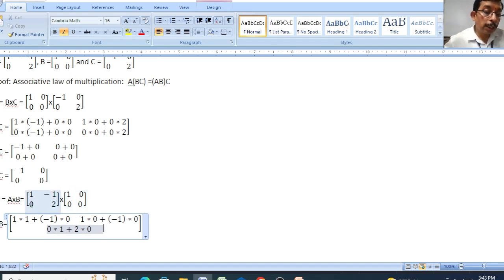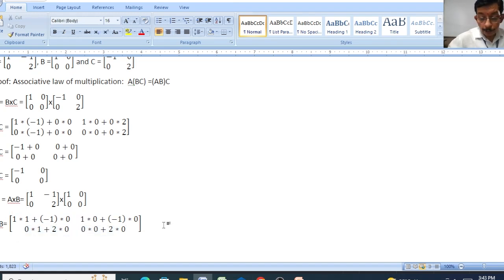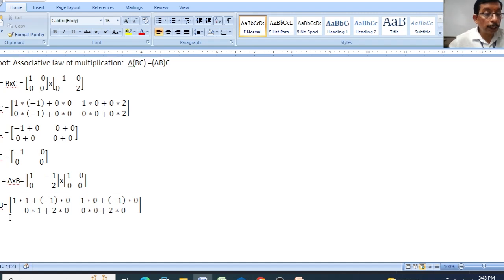Now second row multiply by the last column, then we receive the second row second column element. 0 is multiplied by 0 plus 2 is multiplied by 0. Now simplify in the next step of the matrix A cross B.